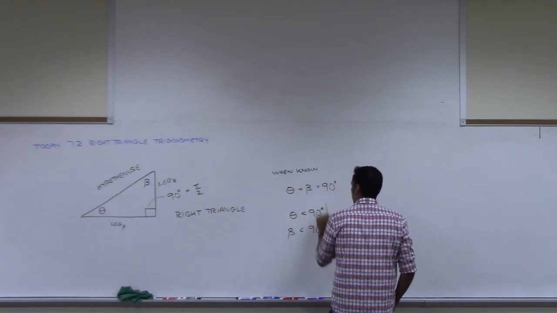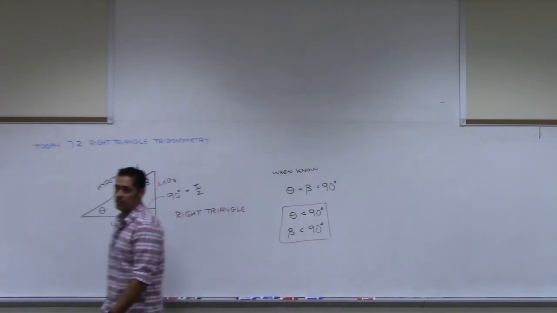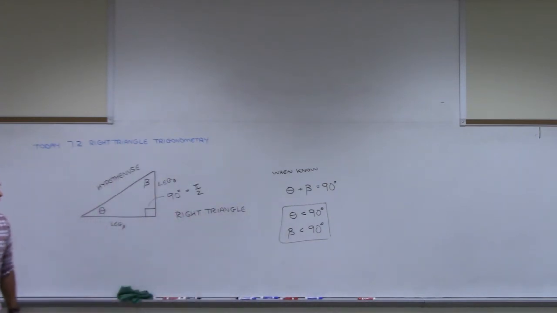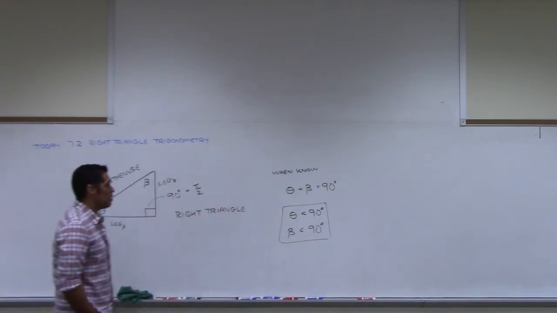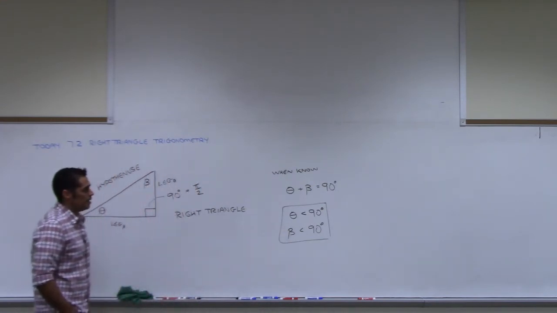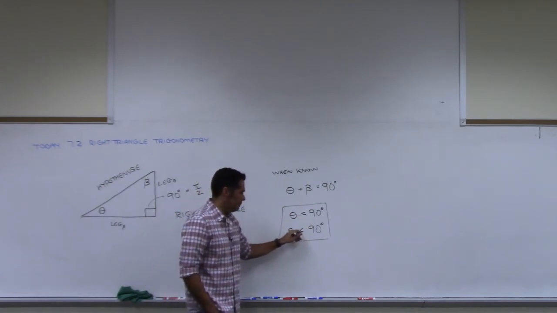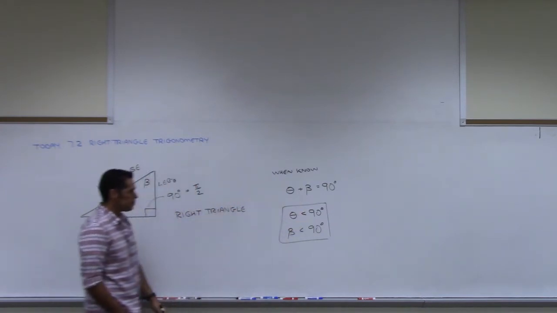This is a restriction we have for any right triangle. The other two angles have to be less than 90 degrees. They could be any number up to 90, but not including 90, right? If I could include 90, I'd put the inequality sign with the bar underneath, equal. Okay?